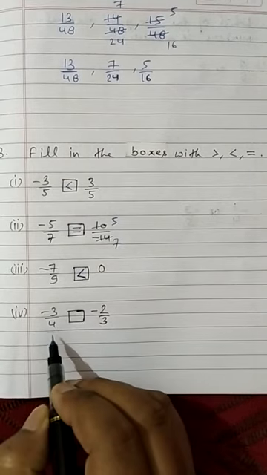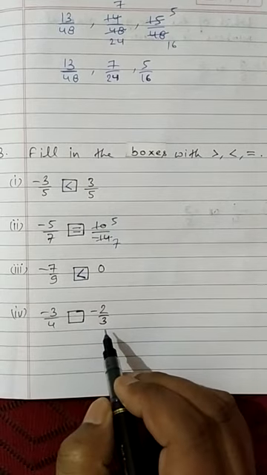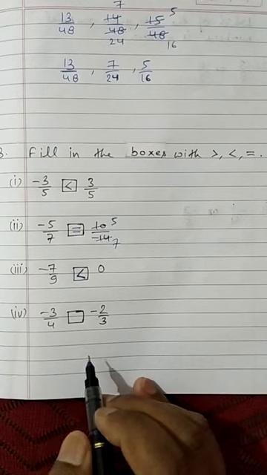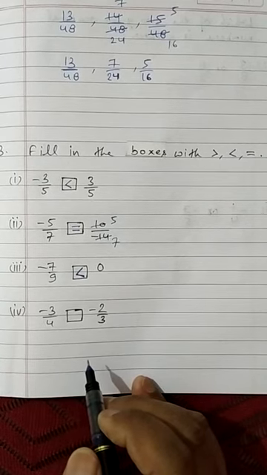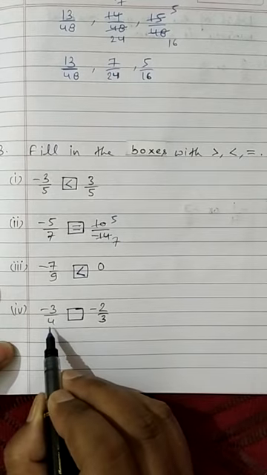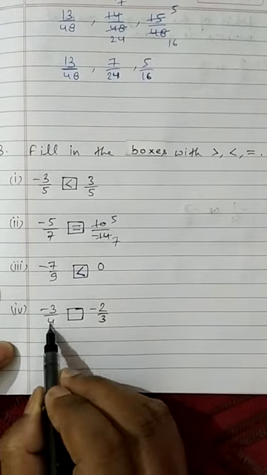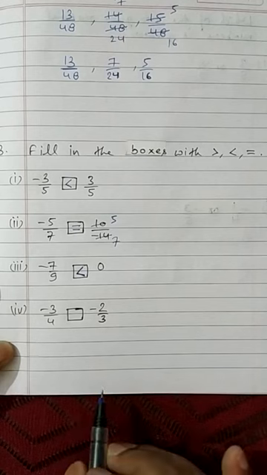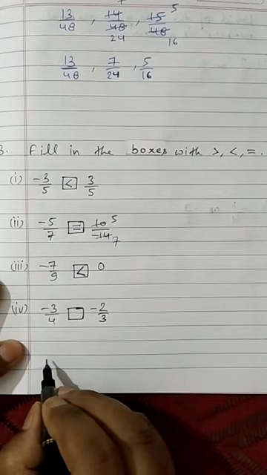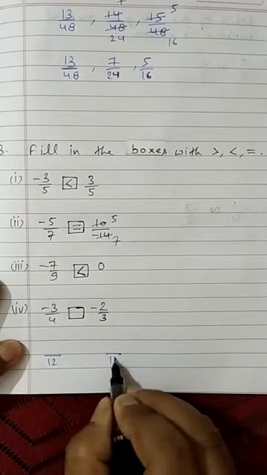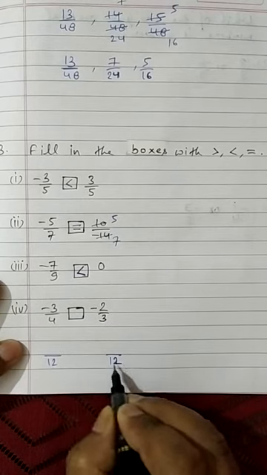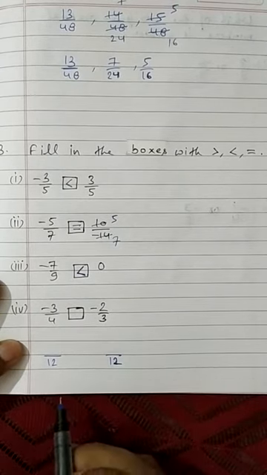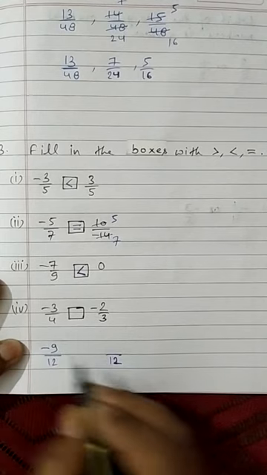This is minus 3 upon 4 and this is minus 2 upon 3. Now here is a little confusion. So we will first equate the denominator. The LCM of 3 and 4 is 12. 12 divided by 4 is 3 and 3 3s is 9.